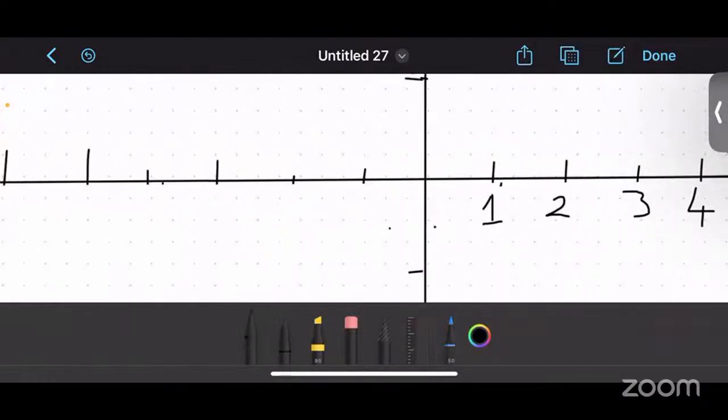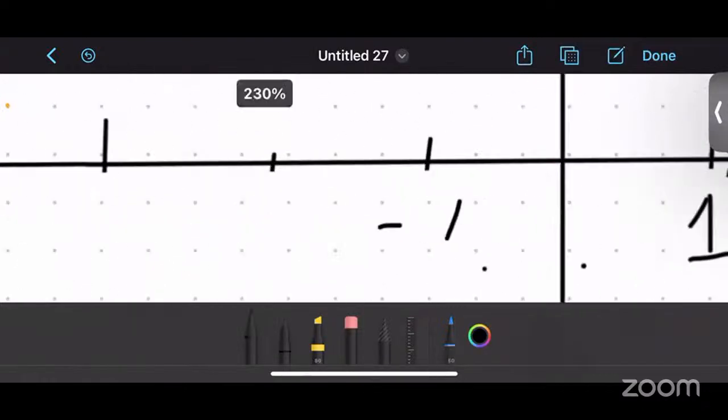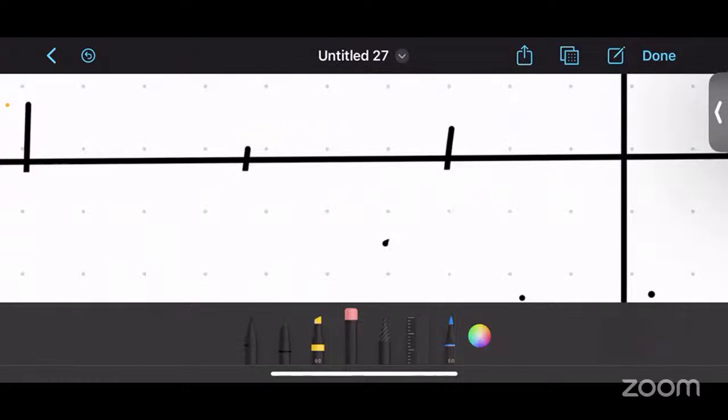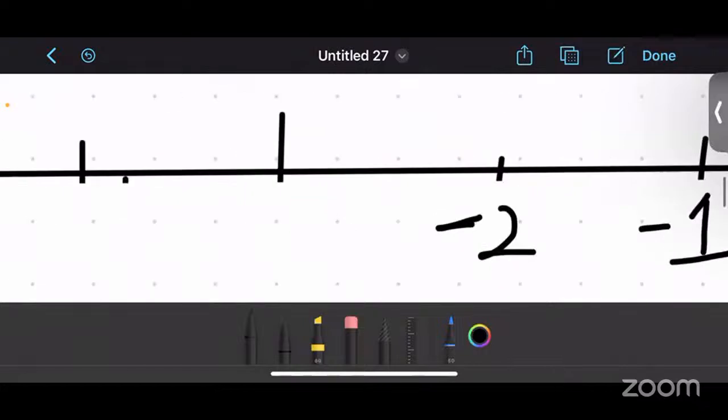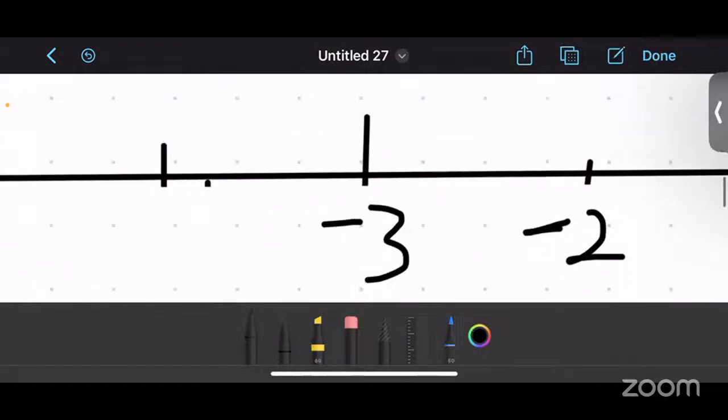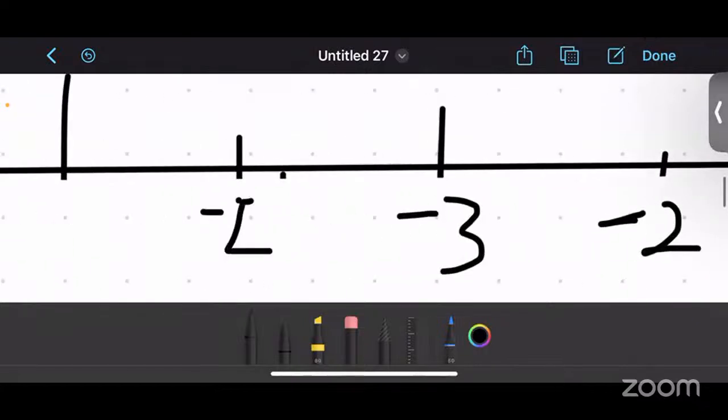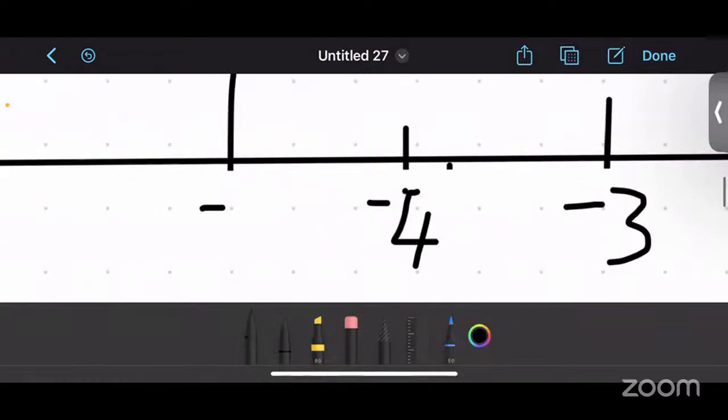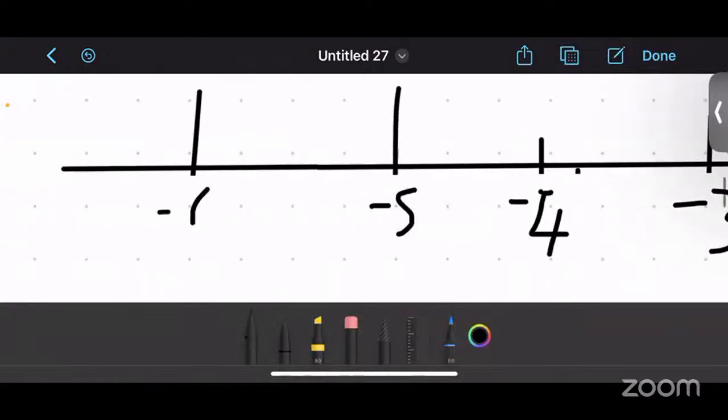Okay, and this is minus one. So let's start with minus one, minus two, minus three over here, and minus four, minus five, minus six.